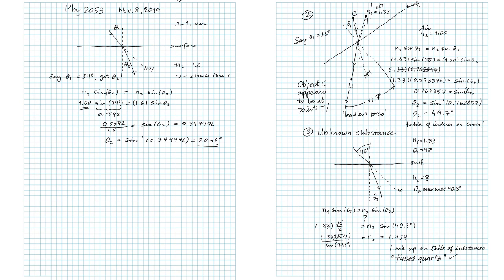And then down below, I'll call this N2. Let's go 1.6 for the index of refraction for substance 2. Let's make this N1 up here. Now, in the middle of my surface, I'll draw a normal as a dotted line.